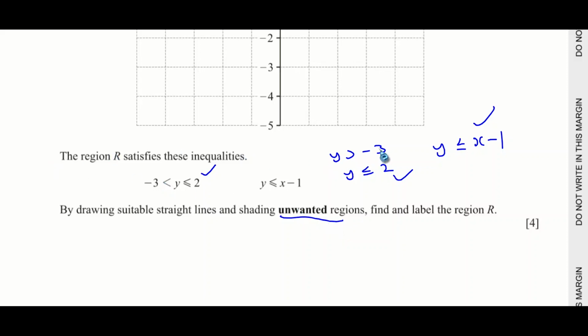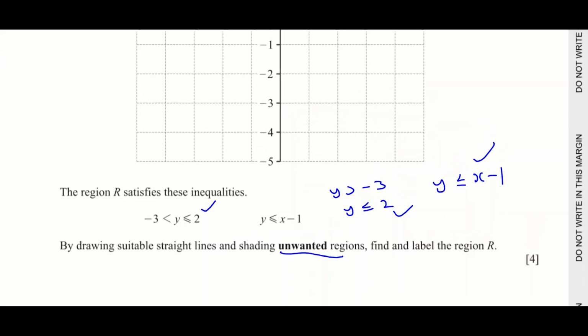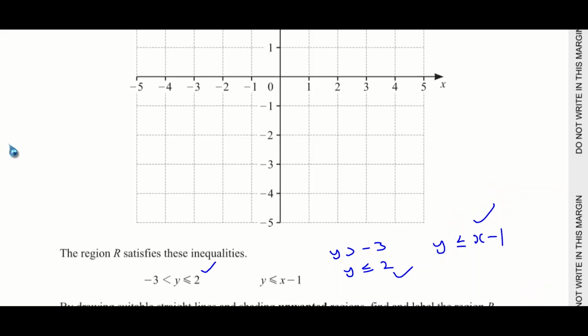Let's start with this one here. y is greater than minus 3. So it will be here. We can just use a broken line and draw straight here. So this will be for this.